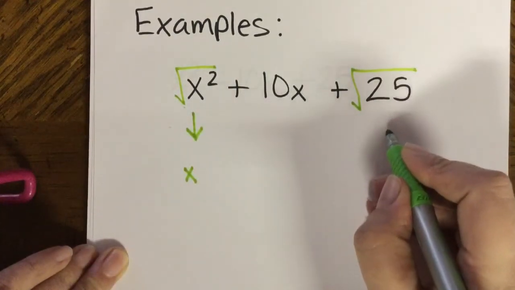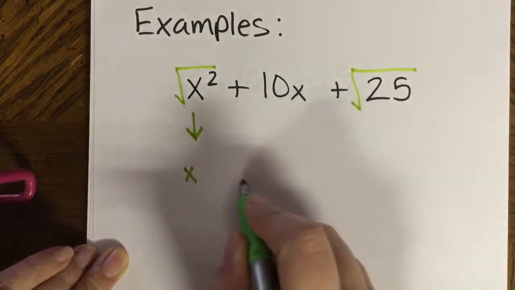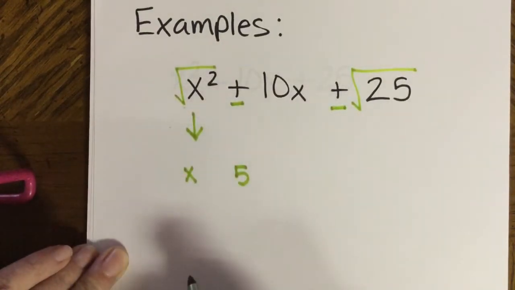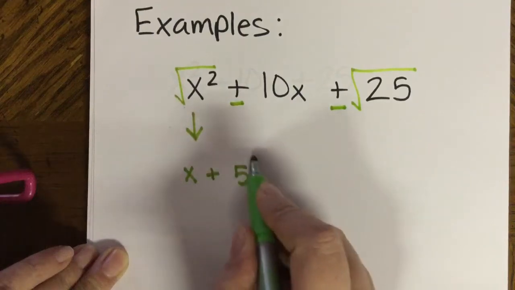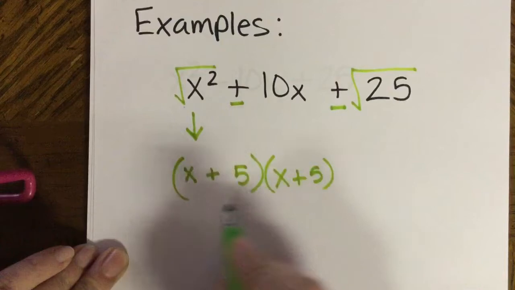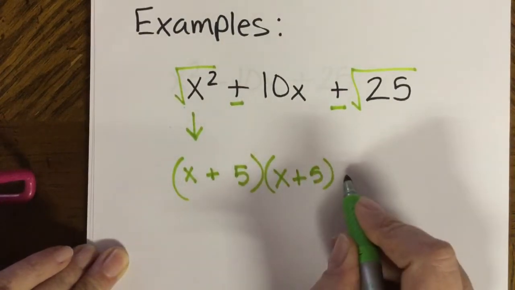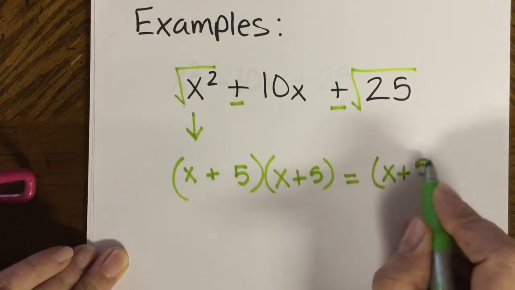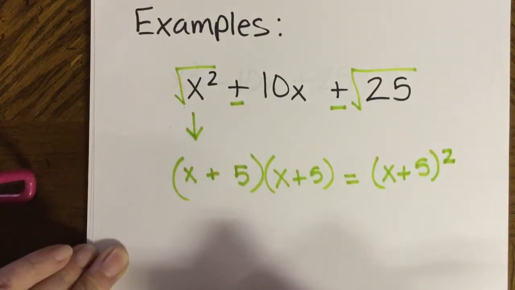If the last term is a perfect square, the square root of 25 is 5. And because both of these are addition, I'm going to join this with addition. So this is the same thing as saying x plus 5 times the quantity x plus 5, which we write as x plus 5, the quantity squared.